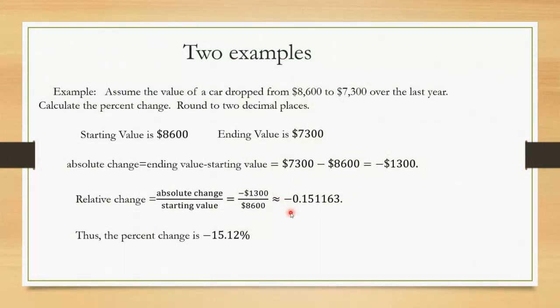And then we round it to 2 decimal places and convert to a percent. So we get negative 15.12%. So the value of the car decreased by about 15.12%. The negative tells us that it decreased. So it is possible to get a negative value.